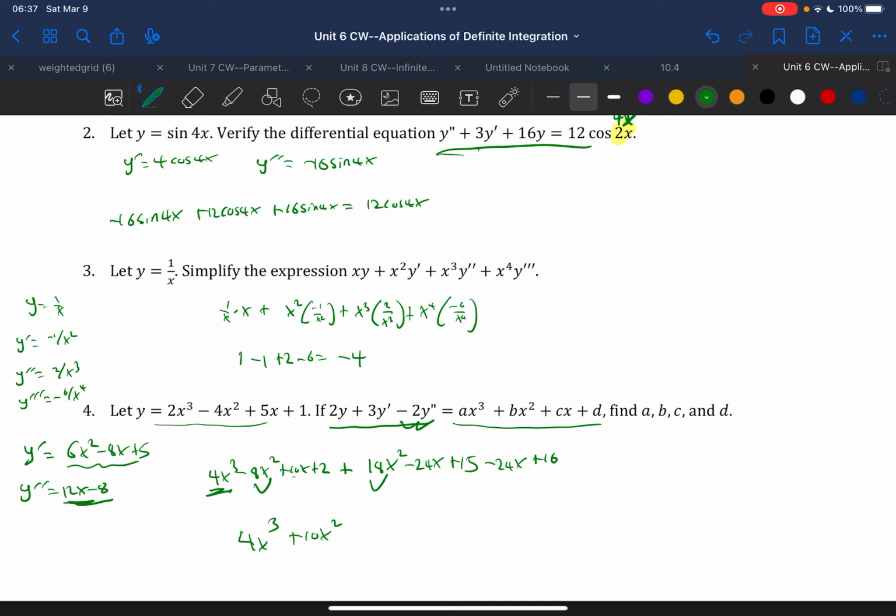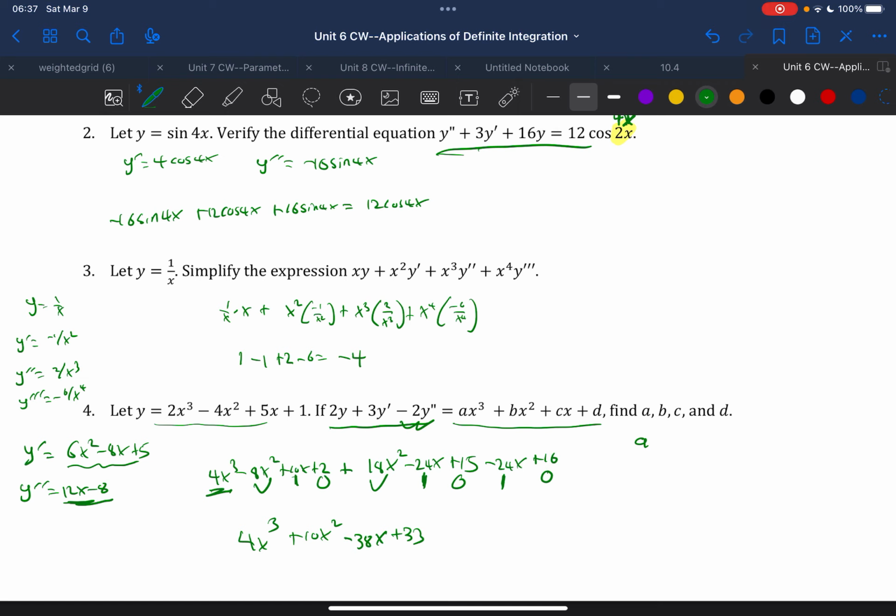We've got plus 10x minus 24x minus 24x. So that's minus 38x. And then we have plus 2, plus 15, plus 16. So you end up with plus 33.